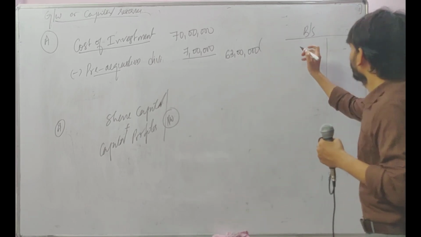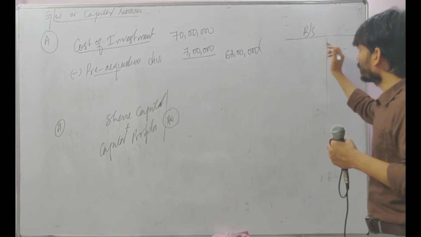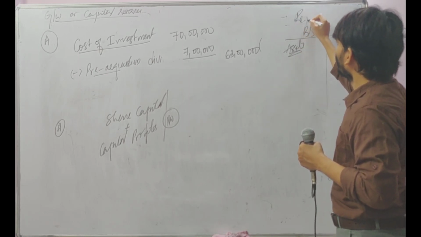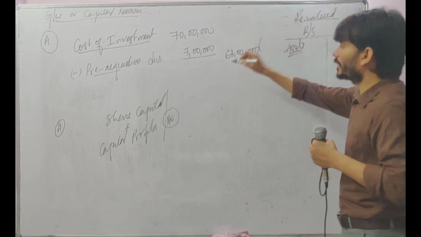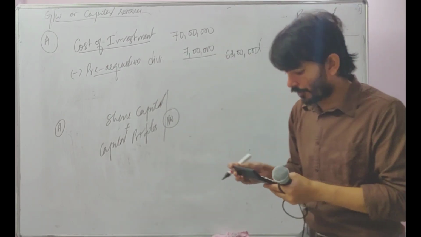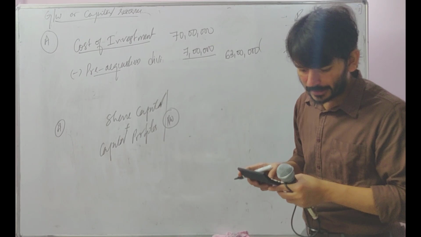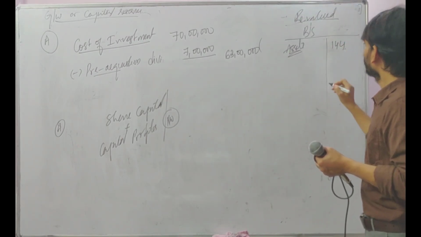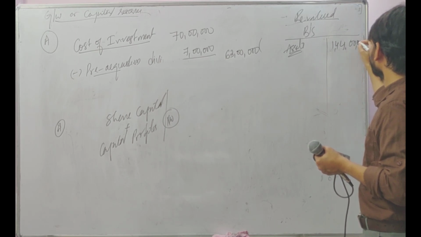So what I can say, whatever the assets they are given, I'll take it at revalued amounts. Because the revaluation is done on the date of acquisition only. Fixed assets 120. So 120 plus there is an increase of 20%, 144. So I'll write 144 lakh.